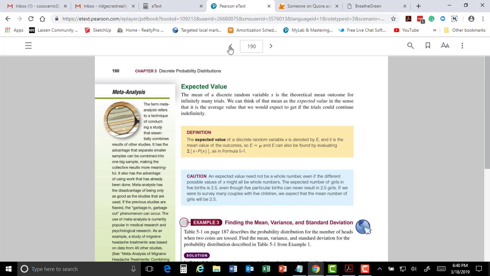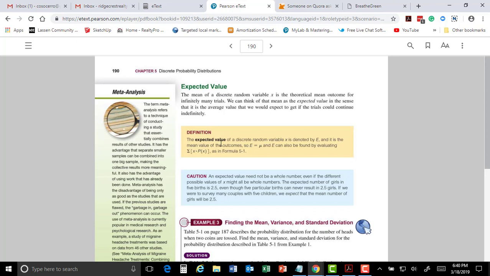Whatever that adds up to, 1. In order to find the expected value of winning or loss, you would do this. Remember, this is summation. All that means is you take the first random variable, 0, times the probability of it happening, plus the next variable, 1, times the probability of it happening, and so on.